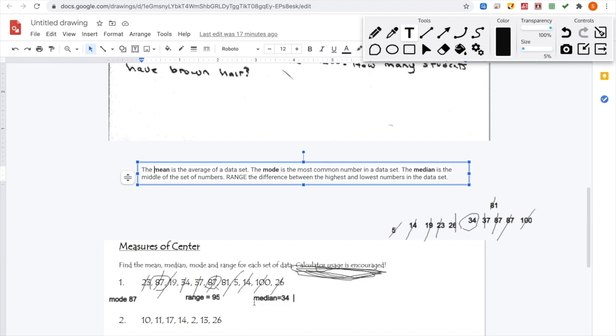And now I'm going to find the average. So the way I'm going to find the average is I'm going to add up all of these numbers. 5 plus 14 plus 19 plus 23 plus 26 plus 34 plus 37, 81, 87, 87, 100.